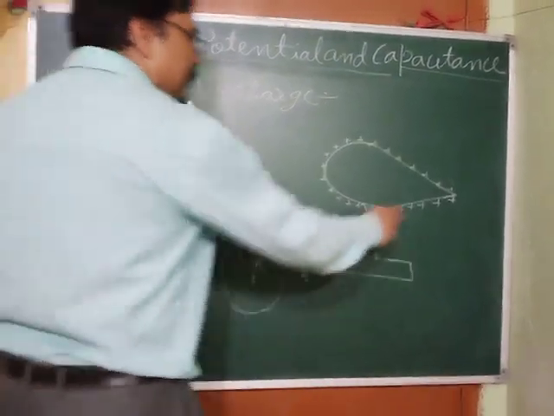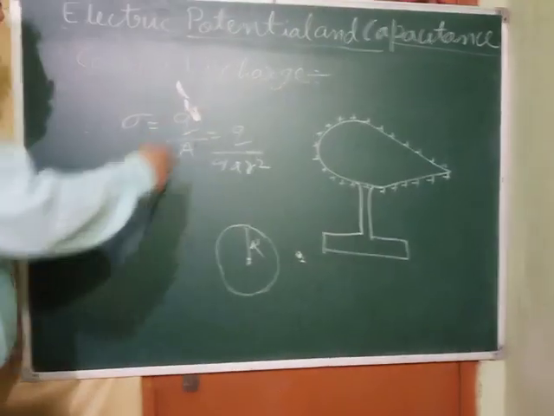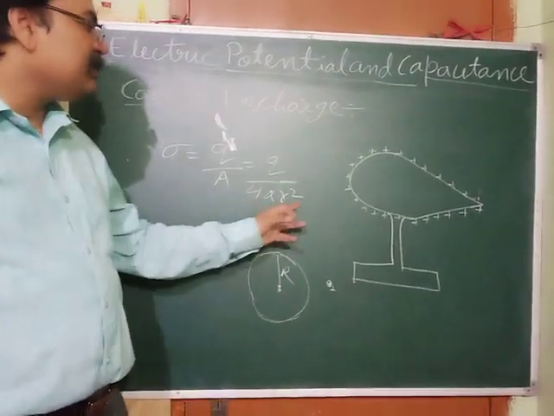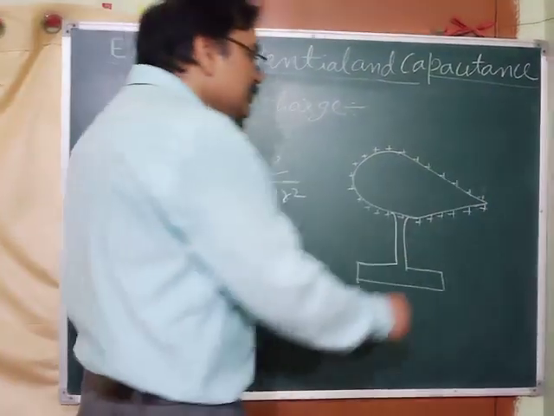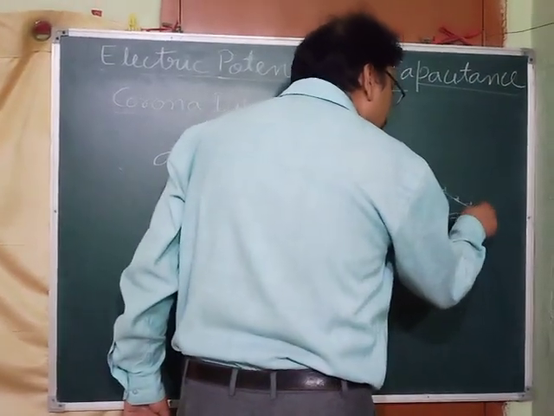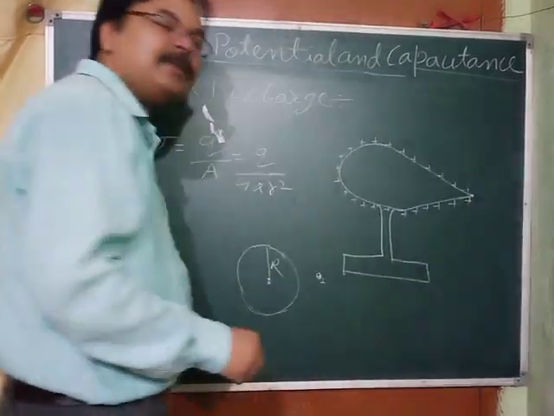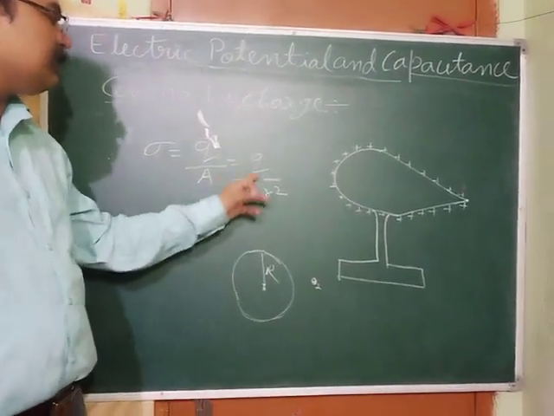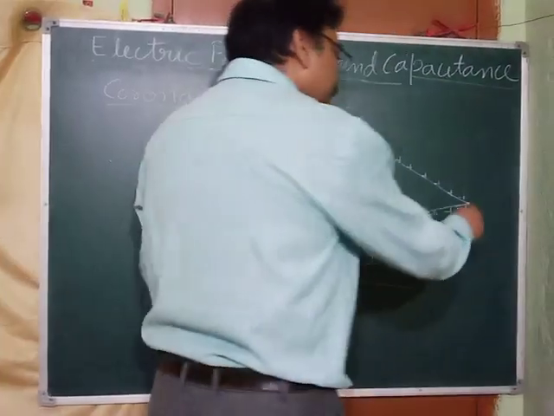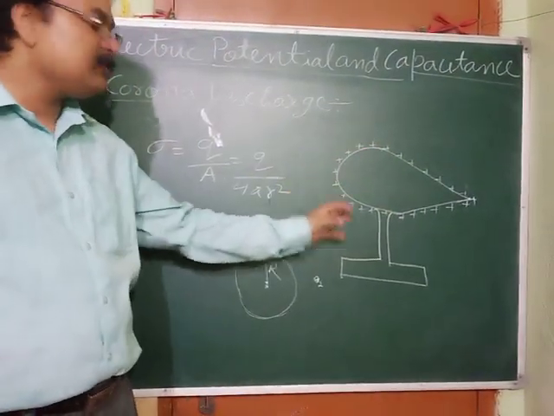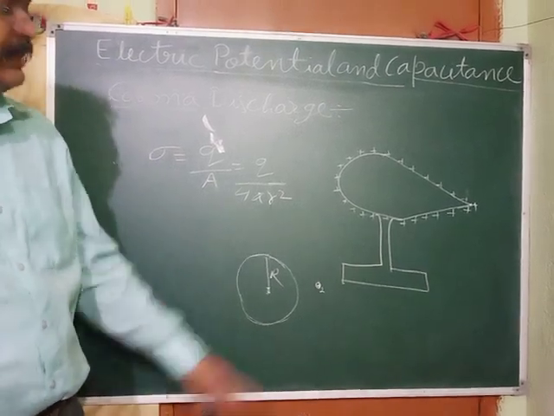So obviously the surface charge density will be more at the pointed end, because its radius of curvature is smaller. It is the most sharply curved. Here the surface charge density is maximum, whereas at these other places it is lesser than at that pointed part.